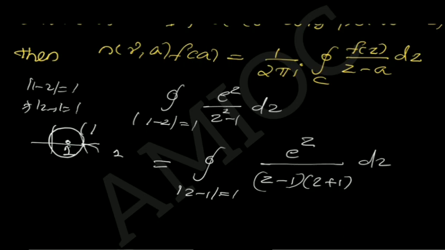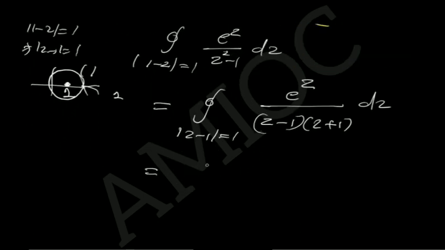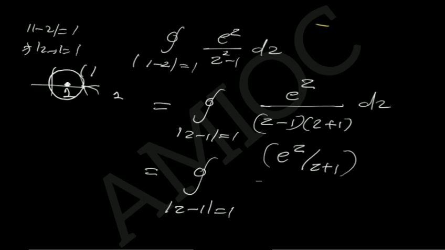Therefore, 1 is an interior point to the curve C. That means the singular point 1 is included in the curve, and minus 1 is not included. So this can be rearranged as the integral over mod z minus 1 equal to 1 of e raised to z divided by z plus 1, whole divided by z minus 1, dz.